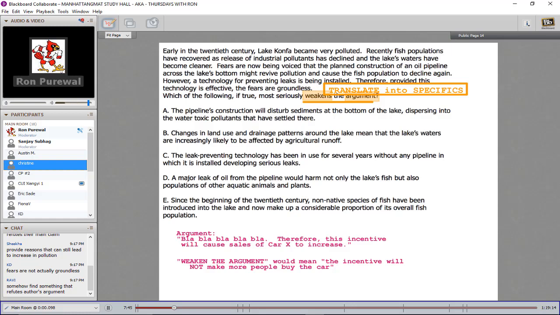Another way that you can think about this, like how would I explain this to a 10-year-old? I mean, 10-year-olds have no idea what any of those words mean. Weaken, argument, fears, groundless, proposal, plan, technology. Those words, 10-year-olds have no idea what that stuff is. 10-year-olds only understand concrete, specific.